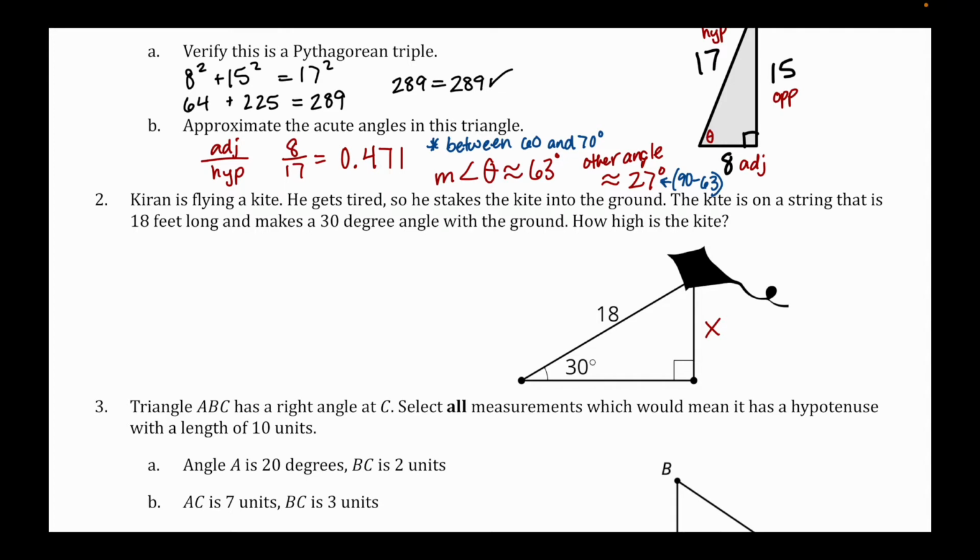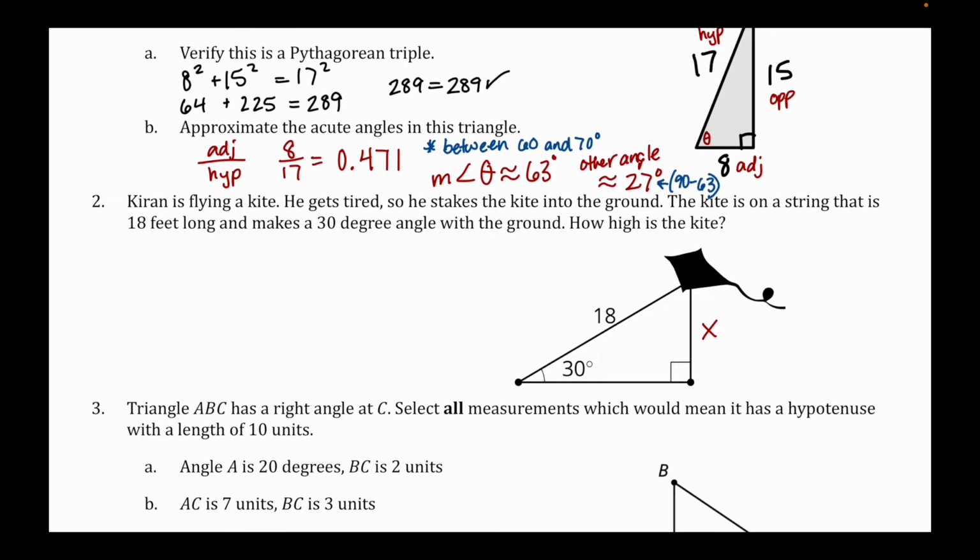We are again going to reference our table, but what we have here is the opposite and the hypotenuse. Now we don't actually have the opposite side, but we do need that side. So what we can say with our 30-degree angle is that the opposite over the hypotenuse should be equal to x over 18.